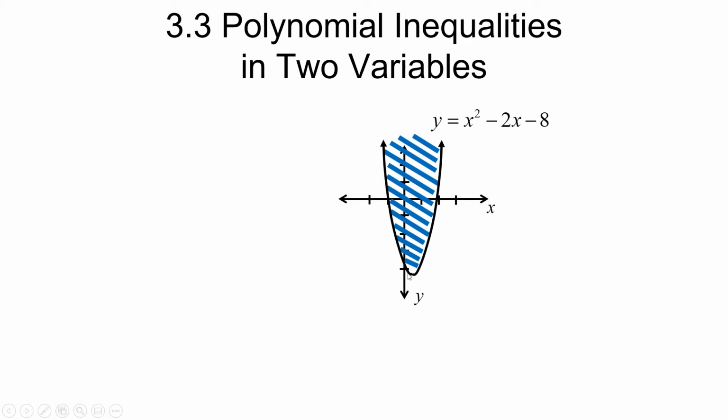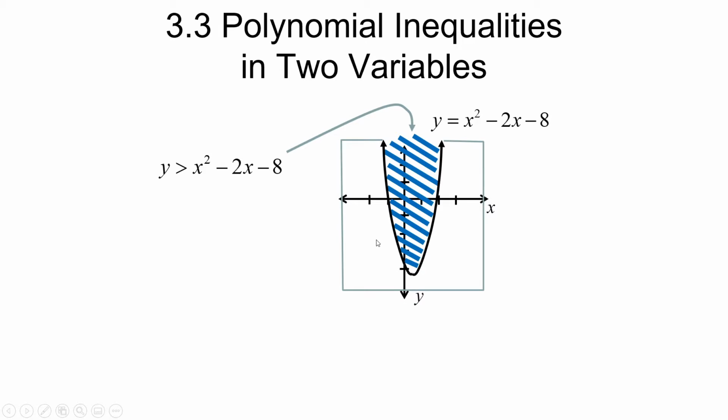That would be this area right here, and we write that y is greater than x squared minus 2x minus 8. And how do you represent everything that is less than x squared minus 2x minus 8? I draw a rectangle right here to stress the region, and this region is everything below the parabola. So we write that y is less than x squared minus 2x minus 8.